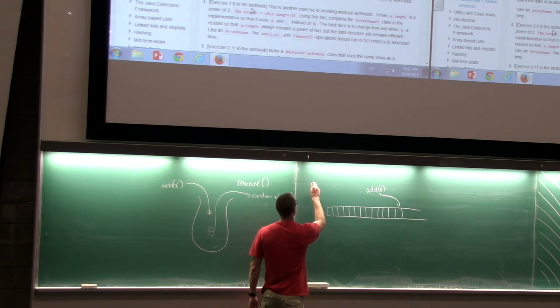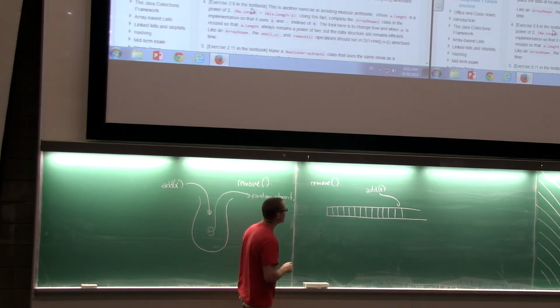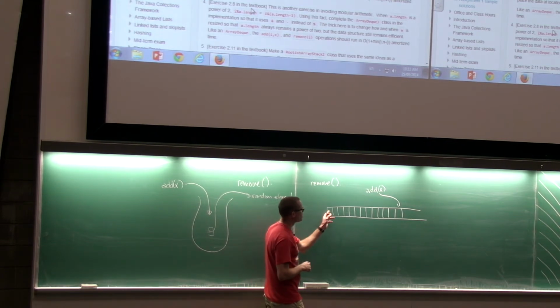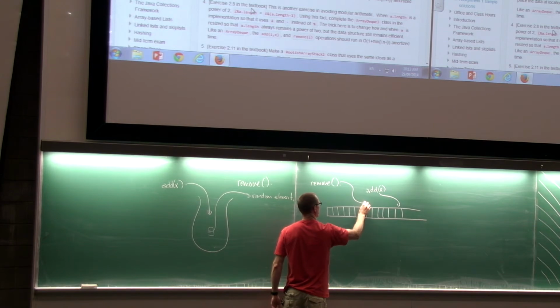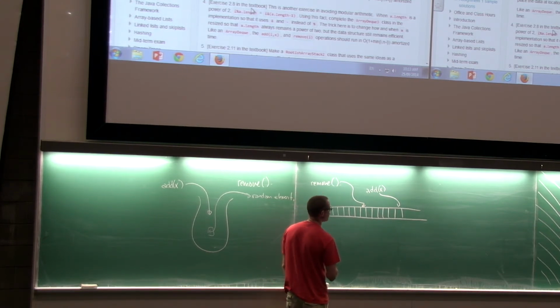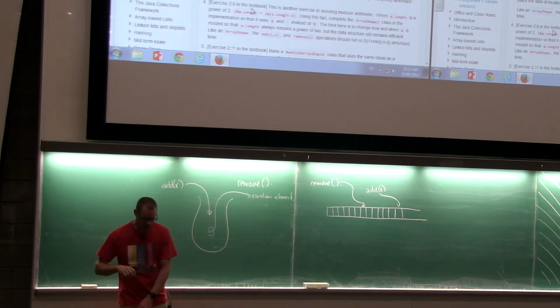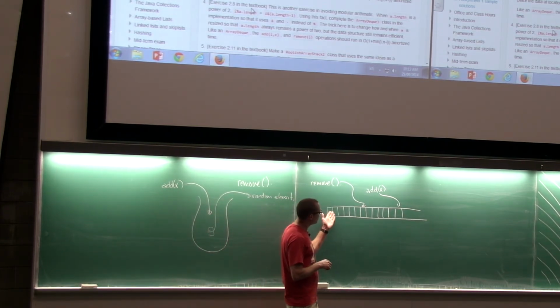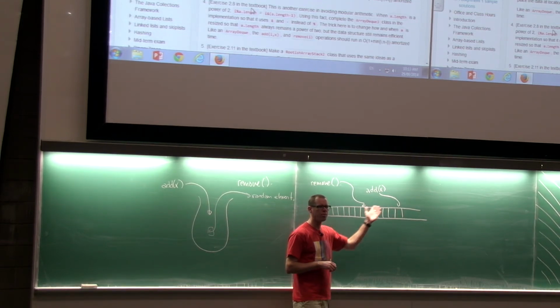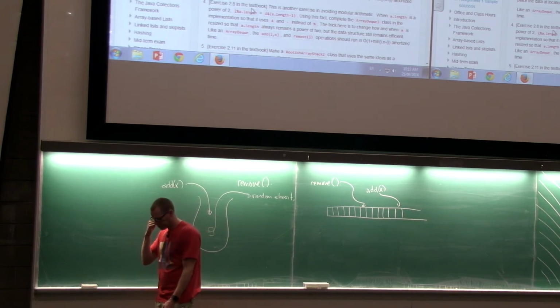And when you remove, well, it takes a random index i between 0 and the number of elements minus 1, and then removes that ith element from the array list. So this indeed does give you a random element, right? From all the stuff that's in there, we take a random index, and so we get a random element.